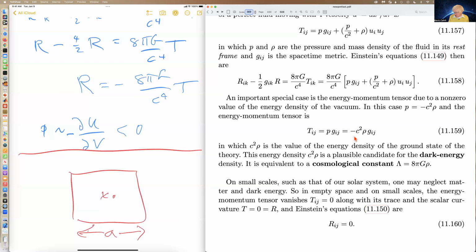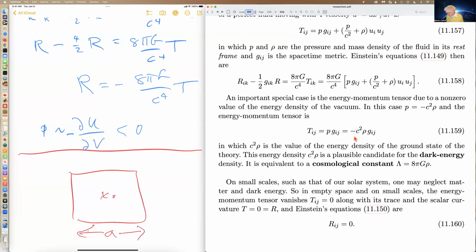And this is very much like what we're talking about here, namely that empty space can, in a sense, have an energy density. The idea in the case of inflation is that there can be a field. The space is not really empty. It has instead a field.